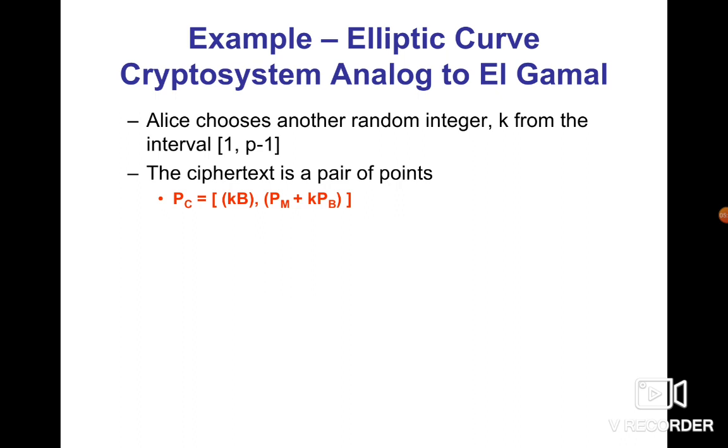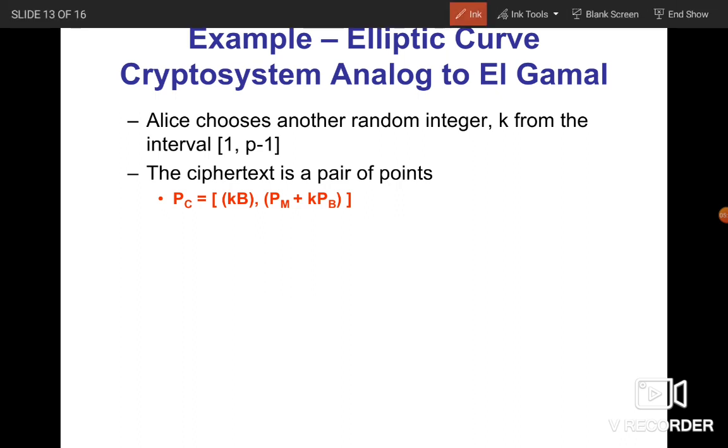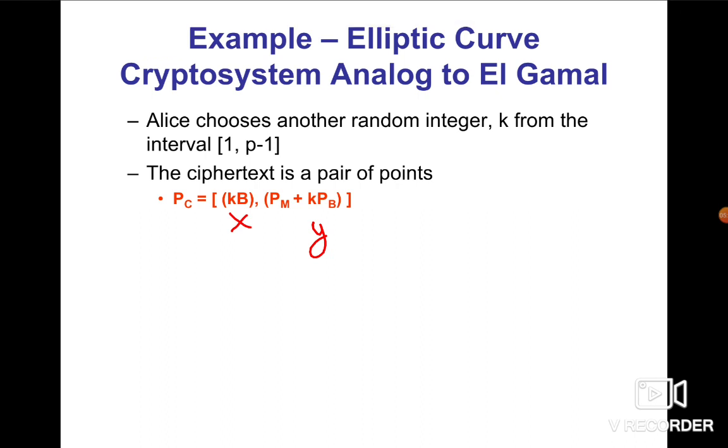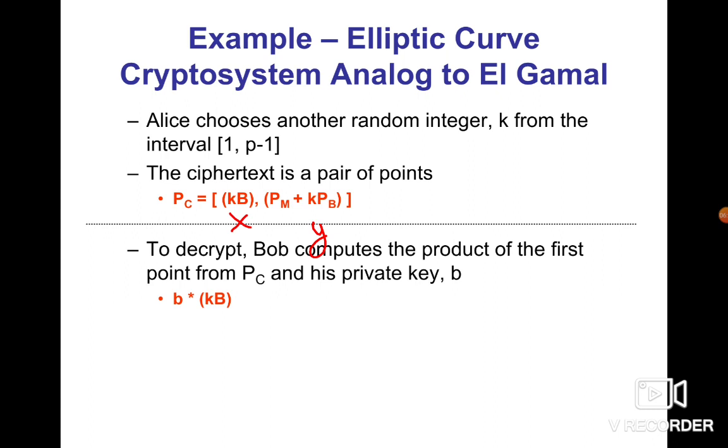She calculates the ciphertext as a pair of points, x comma y. The first point is k into P, and the second point is the plaintext message PM plus k into PB.